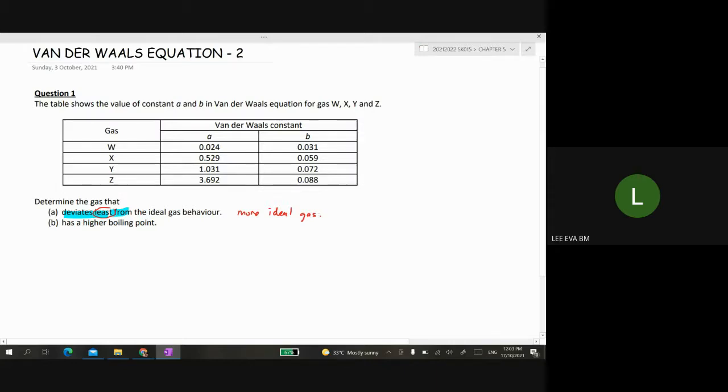Okay. So can you tell me, do we prefer a lower value of A and B or a higher value of A and B? Lower. Agree. More ideal. Kita nak lagi tinggi value ataupun lagi rendah?